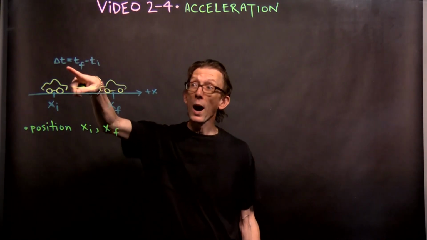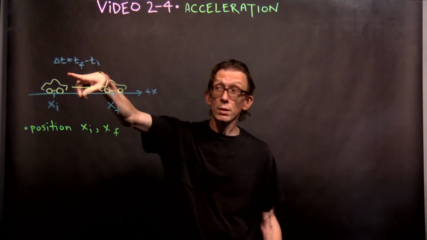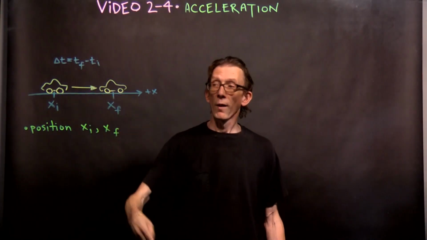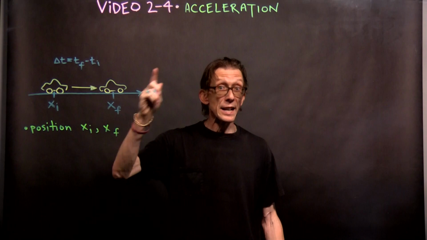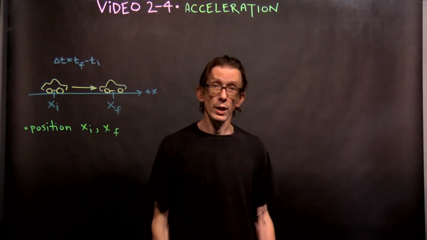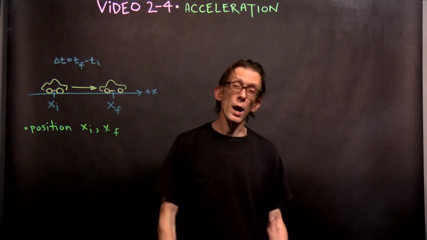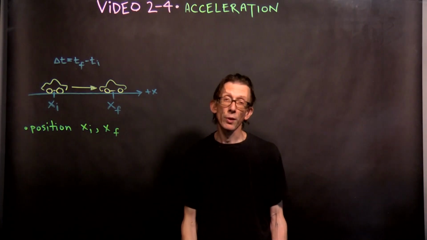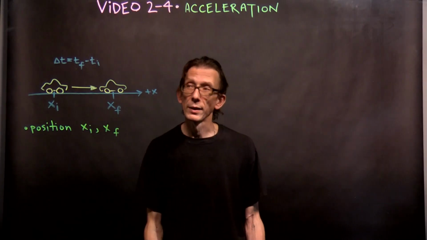Okay, and it required time delta t to make that move from xi to xf. And delta t is the final time minus the initial time. Oftentimes in problems, we set the initial time to be 0. We'll say more about that later.